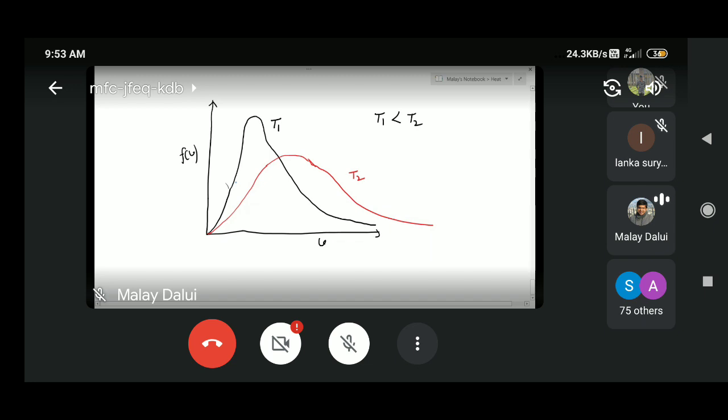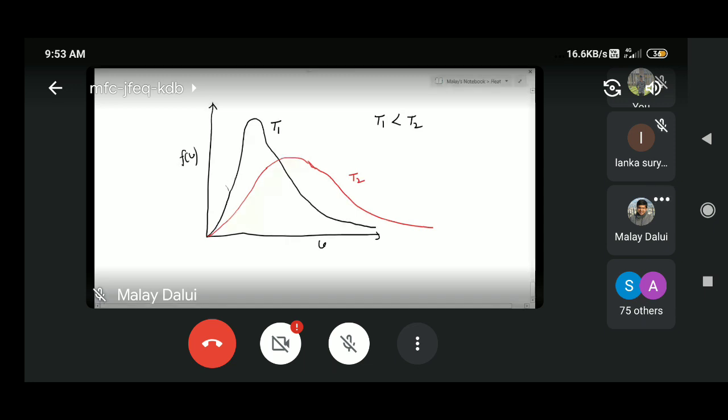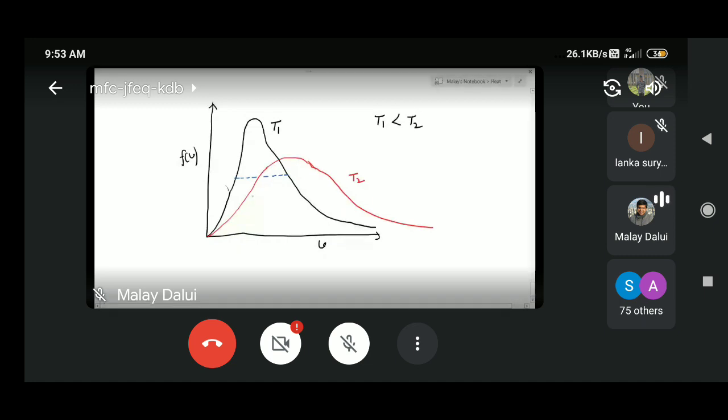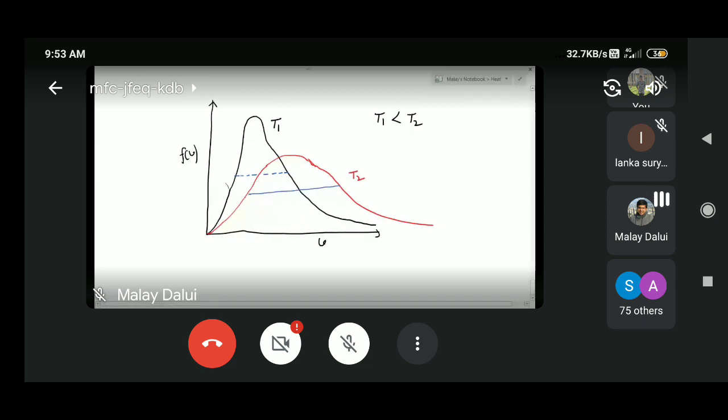Let's stick to full width at half maxima, it's easier. There are some conventions in which it's taken. Let's say the peak is at 1, half value is here. So this is the width for the black curve, and this is the width for the red curve. Full width at half maxima, I'm taking.